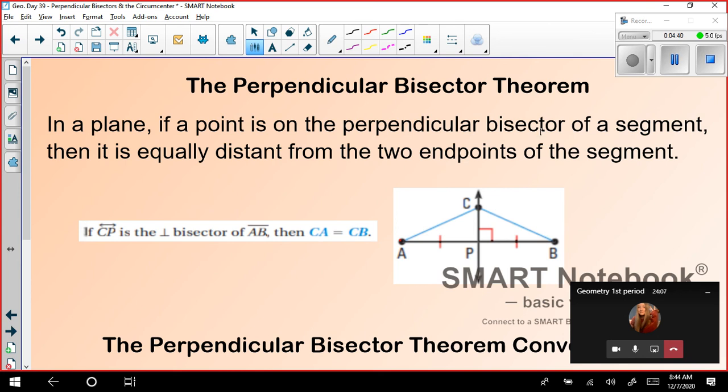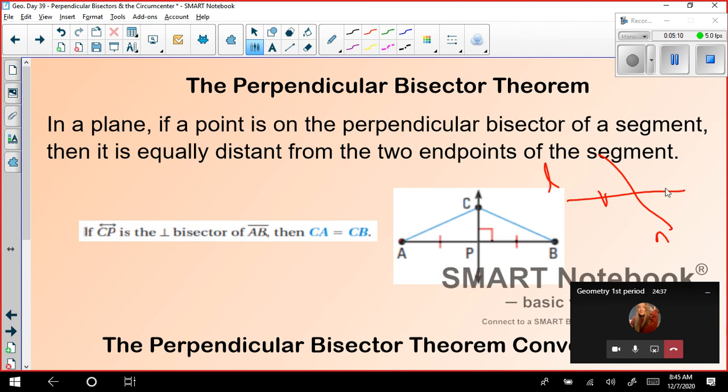Whenever we say bisector, it is something which divides into two equal halves. There is a difference between a bisector and a perpendicular bisector. I have a line, this is your line L and this is your line N. Line N is called the bisector because it divides line L into two equal halves.